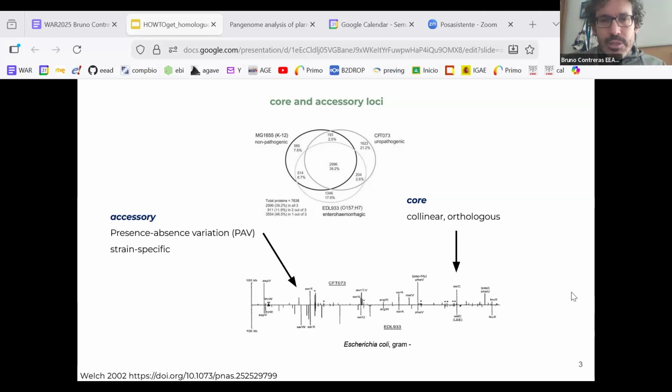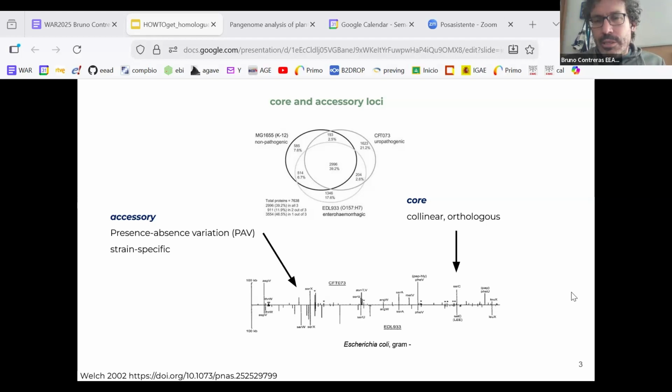Okay, so you can see in this Venn plot here there are three strains. One is non-pathogenic, which is the K12 strain, and then another one is uropathogenic, and the one on the bottom is enterohemorrhagic. So these three strains of the same species of microbe, when they compared their genomes, they realized that some genes were found in all of them, in the three of them, and they are marked in the horizontal bar below.